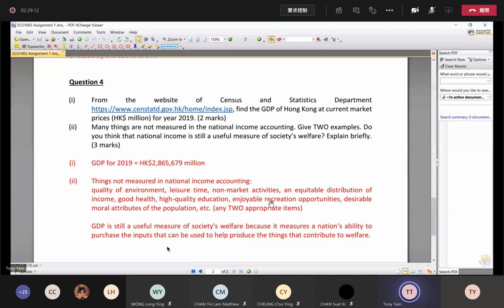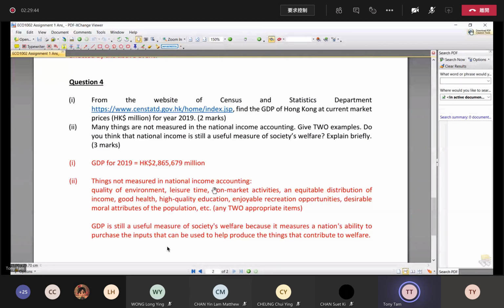Now, some of the students write something like the stock price, the transfer payment. It is not related to our standard of living, right? This is not related to our GDP. For example, you cannot cite something like, for example, you are doing exercise, right? It is, of course, not related to GDP.